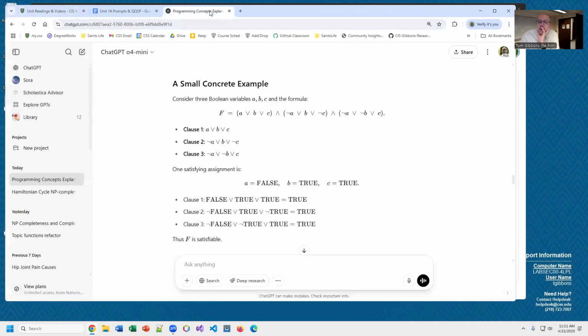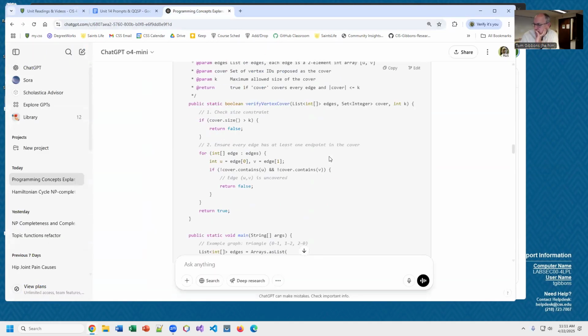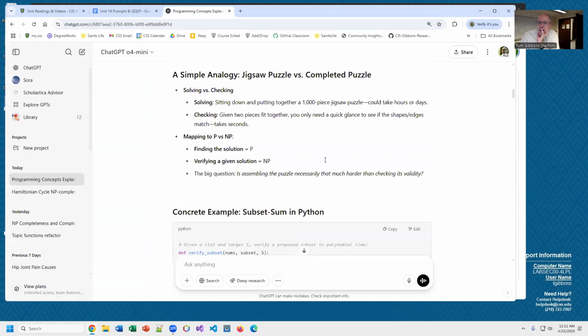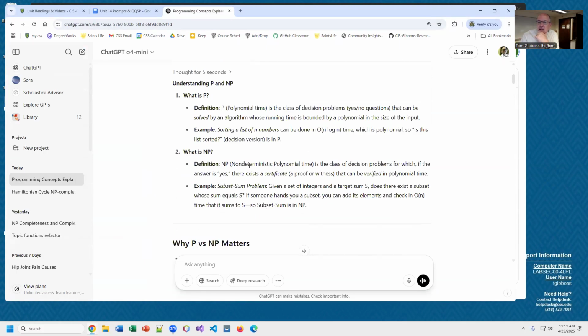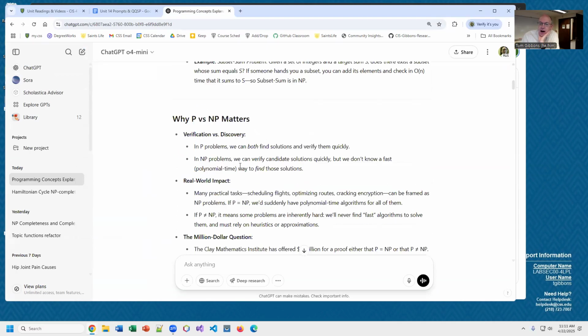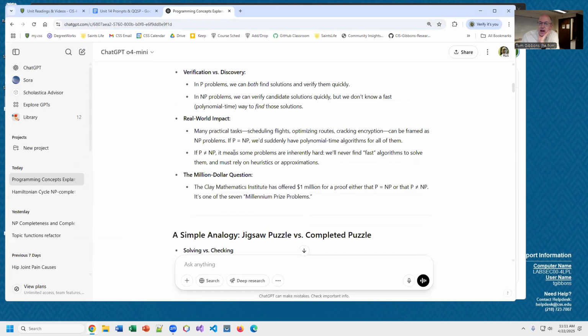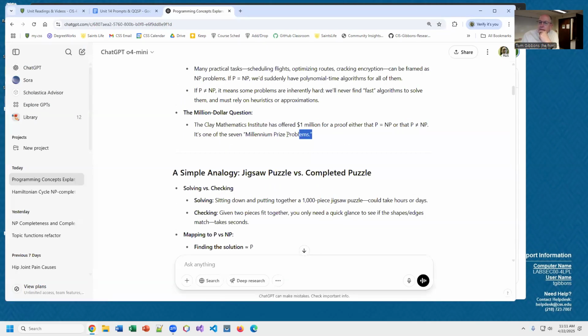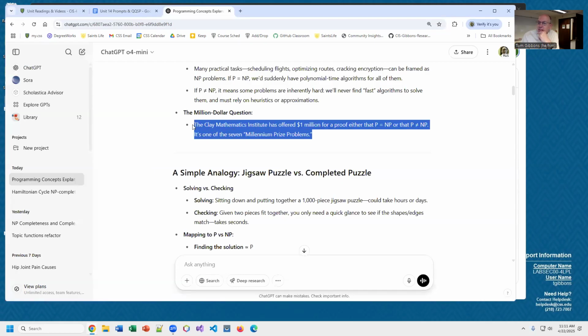First, I'm going to jump back here and see how we're doing. We don't have that much time. Okay. Again, I was asking AI, what is P, what is NP here, and why this matters. And again, like someone mentioned, there's a $1 million prize to prove that P equals NP or that P does not equal NP.